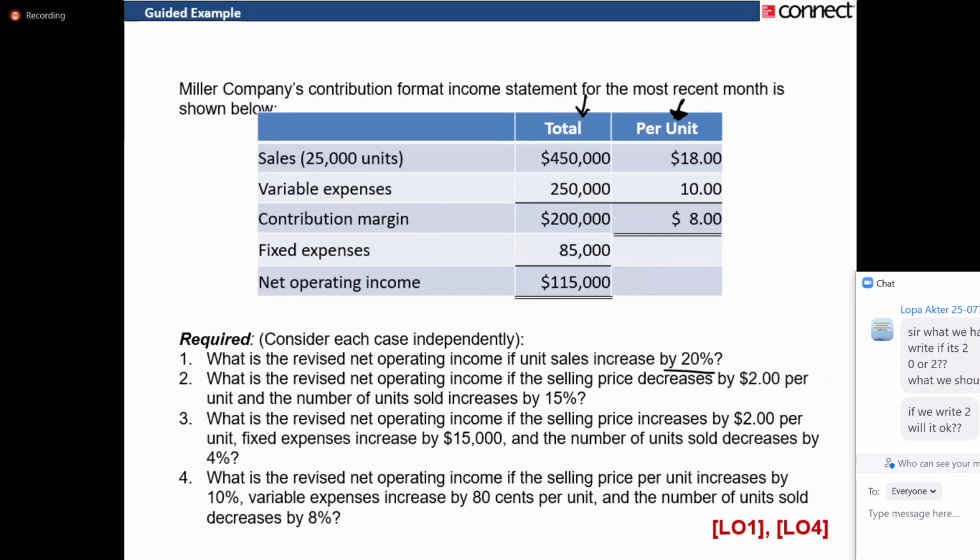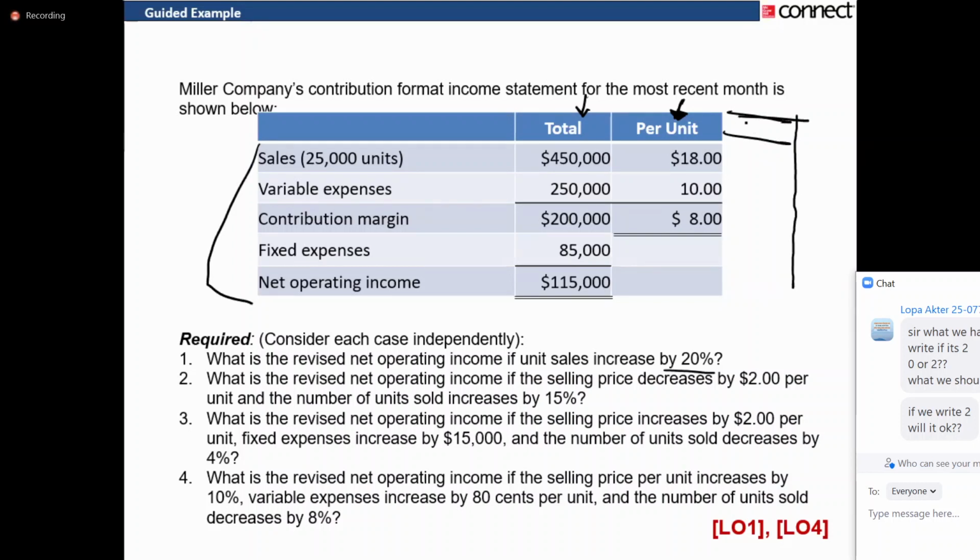So what can you do? You can prepare a separate contribution format income statement to understand what is happening. If we create a separate column here, for the sake of time, I am using this instead of creating a separate contribution format income statement, because I will use the same information here.